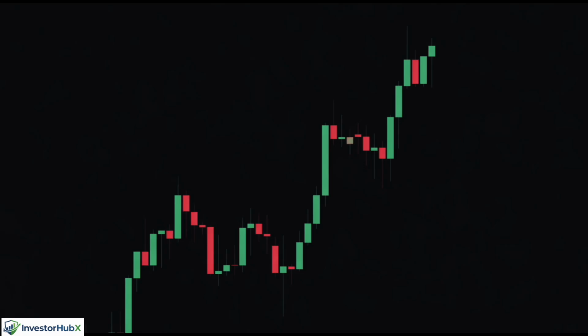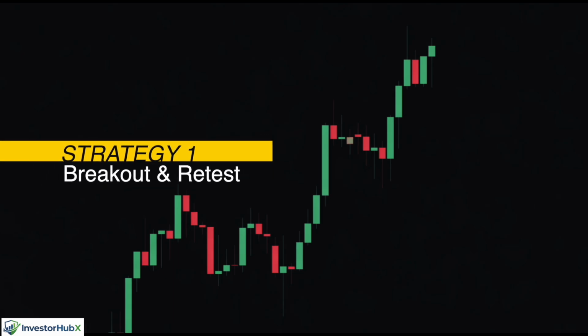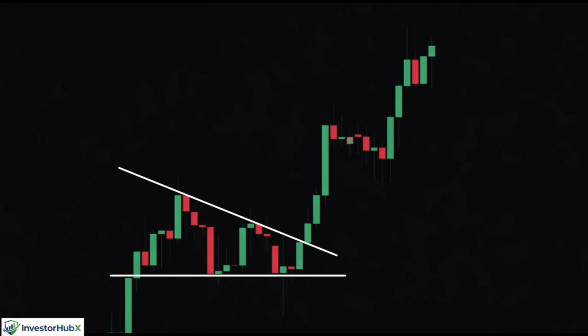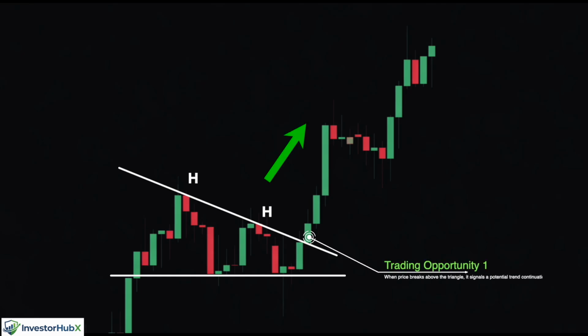Now that we understand the triangle pattern, let's look at a strategy you can use. The first strategy is the breakout and retest. This is a descending triangle. It forms with a horizontal support level, while each high is lower than the previous one. When price breaks above the triangle, it signals a potential trend continuation and a possible trading opportunity.